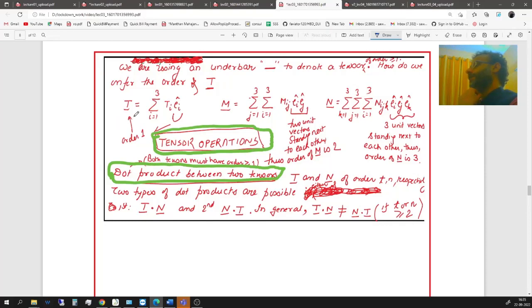If you are expressing a tensor using a Cartesian coordinate system, you can infer the order of that tensor by looking at what order dyad is there on the right hand side. So if only E_i is appearing here, it means T is a first order tensor. If there is a combination E_i E_j appearing, it means it is a second order tensor. And if it is E_i E_j E_k, then it means that T has got to be a third order tensor.